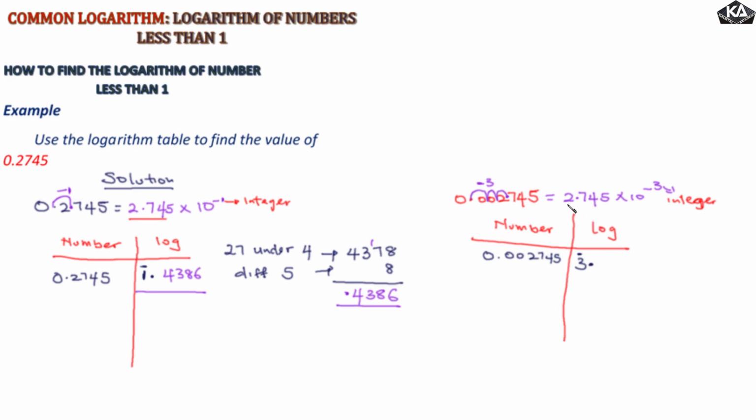We are looking for the fractional part by checking the logarithm table for the value of 27 under 4 with a difference of 5, which we already got here to be 0.4386. Now, you just put your 4386 here. That's how you look for logarithm of numbers less than 1.